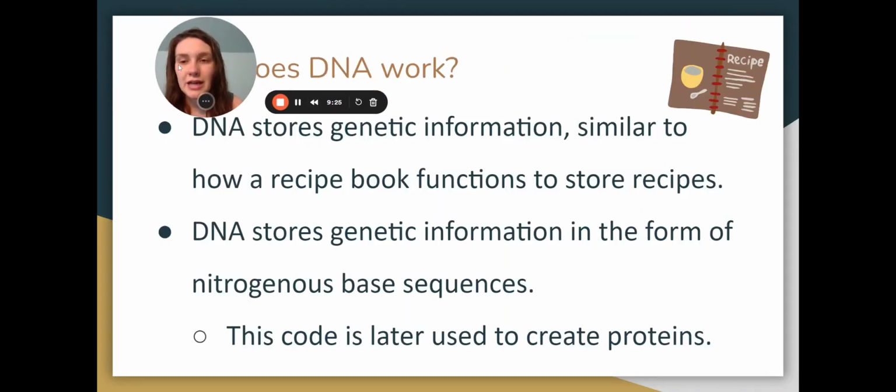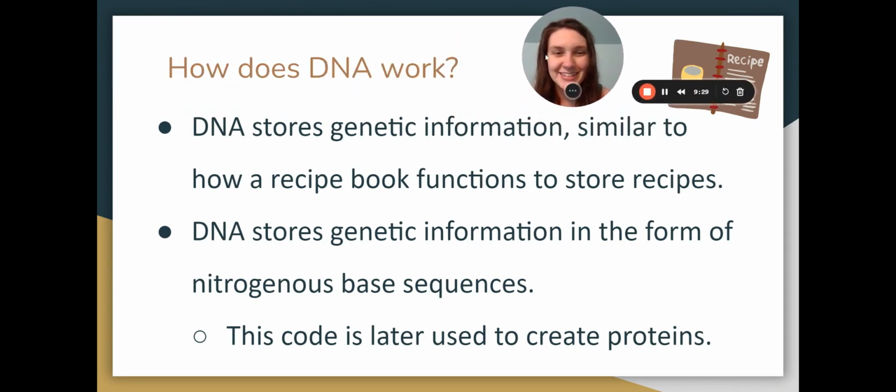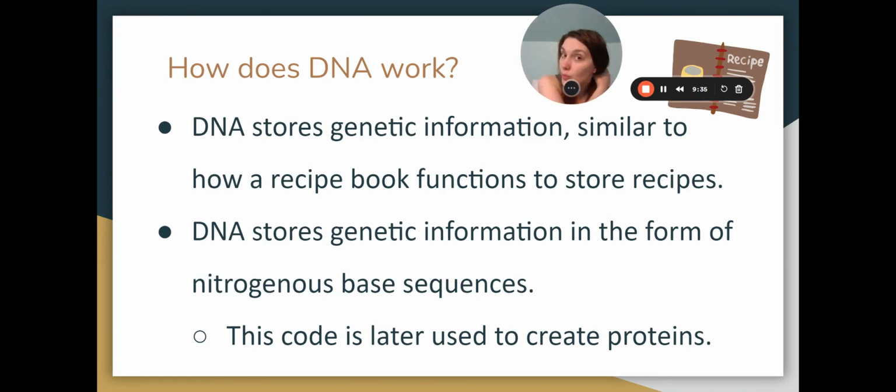So how does DNA actually work? DNA stores genetic information similar to how a recipe book stores recipes. DNA stores this genetic information in the form of nitrogenous base sequences. This code is then later used to create proteins.